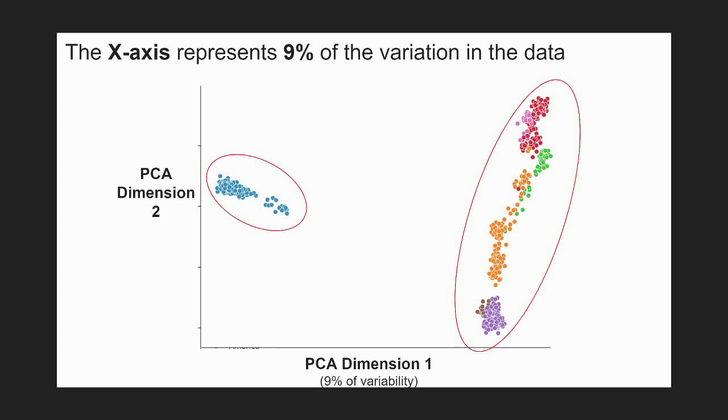This is very, very common if you look at almost any data set that has global genomics information. You're going to see a plot like this with wide separation on the x-axis. And this x-axis is representing about 9 or 10% of the amount of variation in the data.